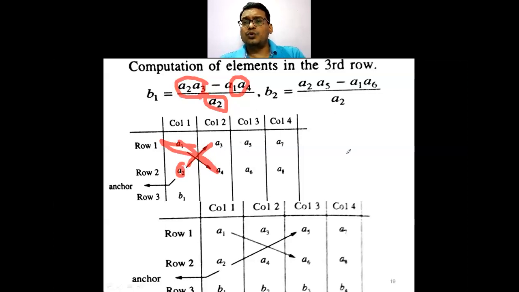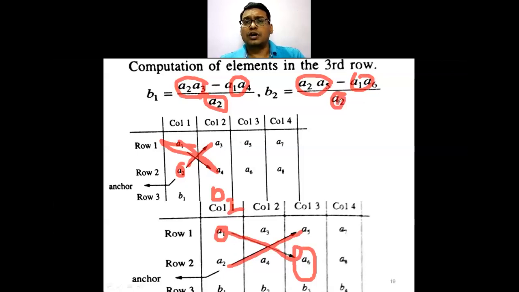Similarly, B2, which is the row 3 and column 2 coefficient, will be calculated by considering a2 into a5 minus a1 into a6, divided by a2.